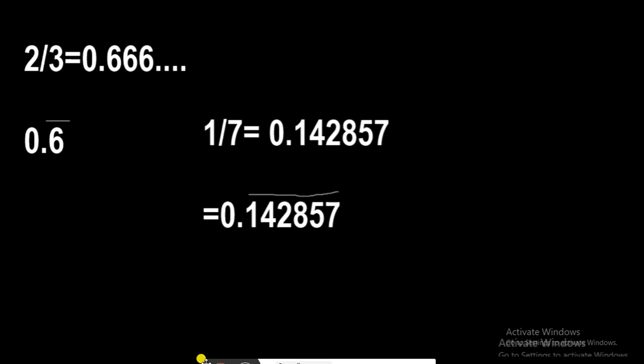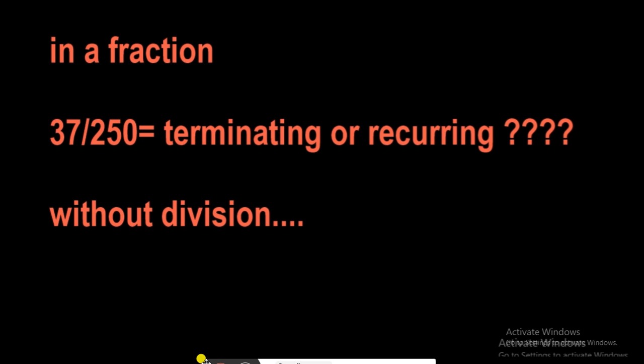Now if you take any fraction, how can you determine whether on division you're going to get a terminating decimal or a recurring decimal? Of course, one simple way is to just do the division. But there is another trick where you don't need to divide. What is the trick?